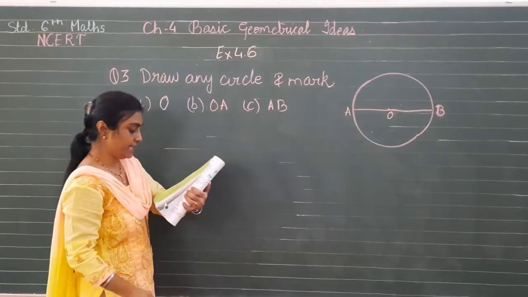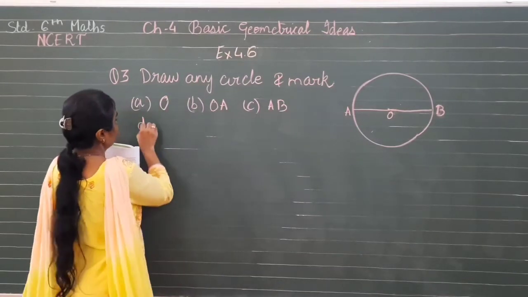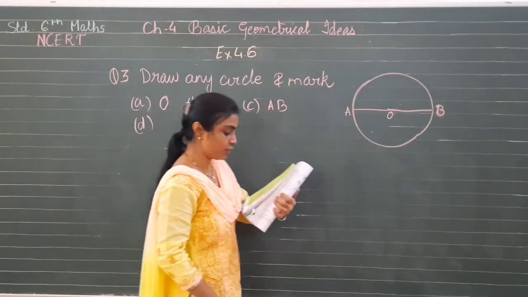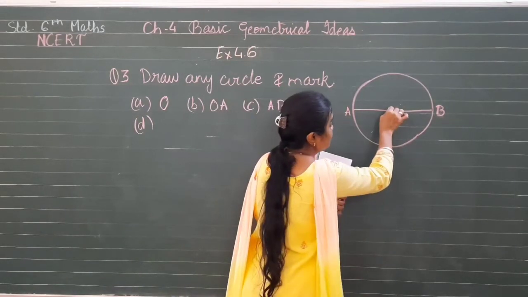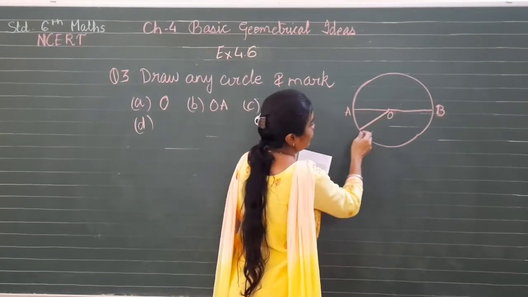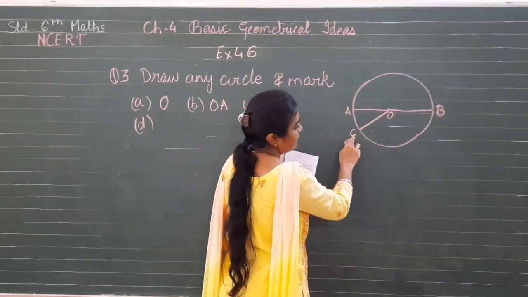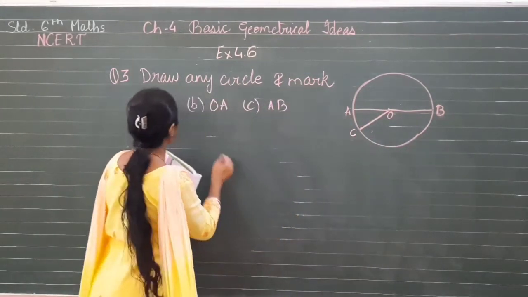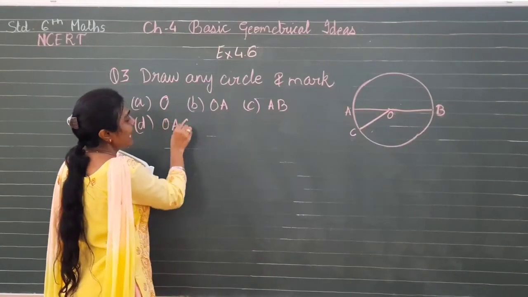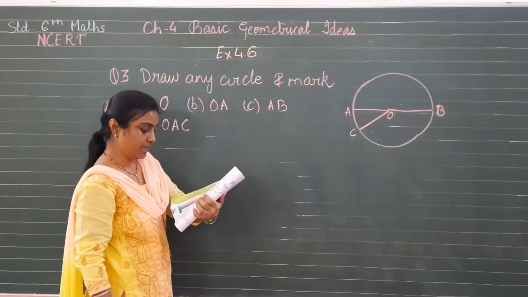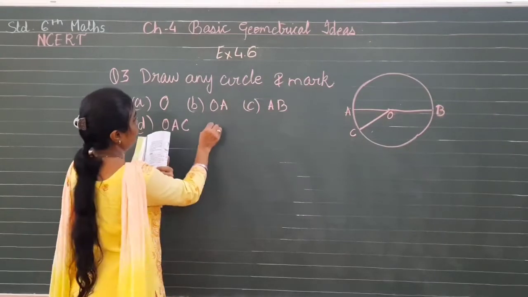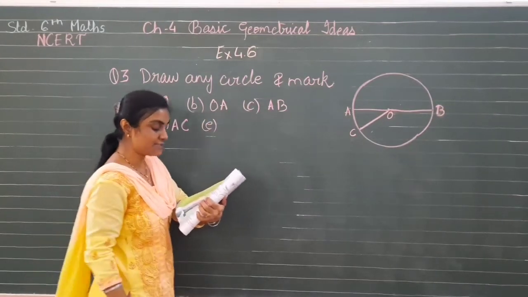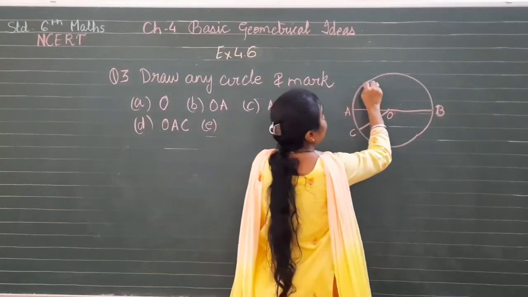Now D, a sector. A sector is formed of two radii. So I am drawing here and marking this C. OA and OC are the two radii, so OAC can be called a sector. E, a segment. A segment is formed of a chord and an arc.